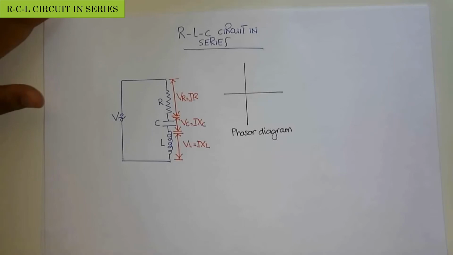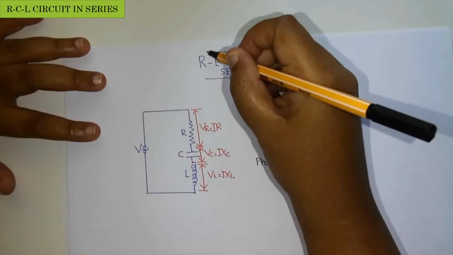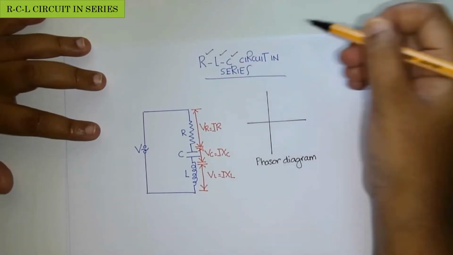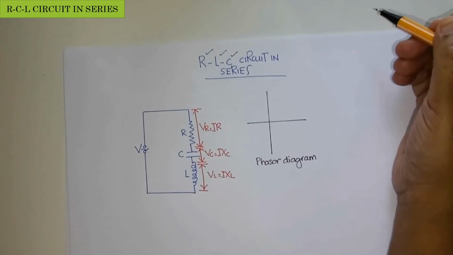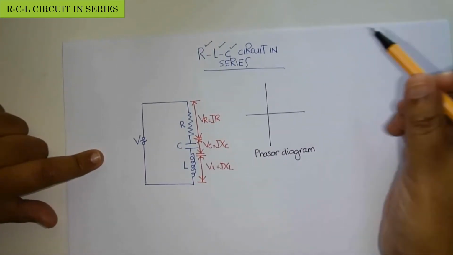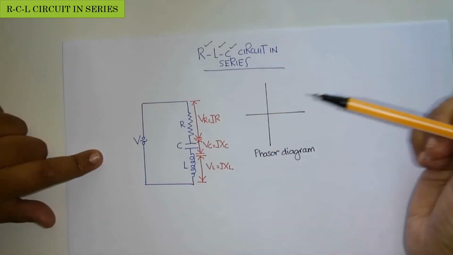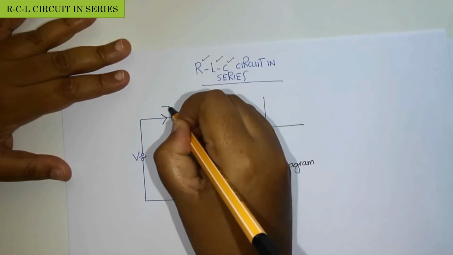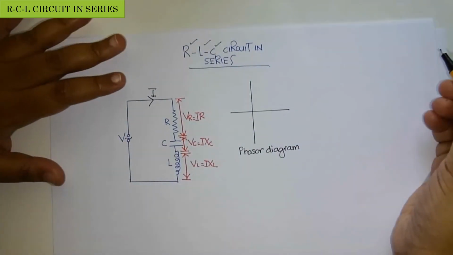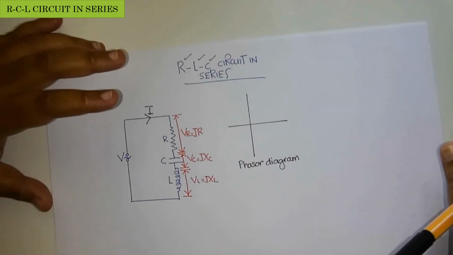Let's look at the RLC circuit in series. We have a resistor, an inductor, and a capacitor. They are connected in series with the AC supply. That means the current that flows in them is the same current. Okay, they are in series.